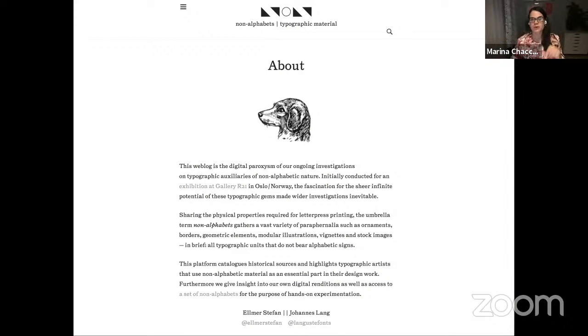So then there's one reference, which is this one. I can post the links afterwards of the things that I'm going to show digitally, which are very few. But there's this project by Elmer Stefan and Johannes Lang about non-alphabetical parts of type.